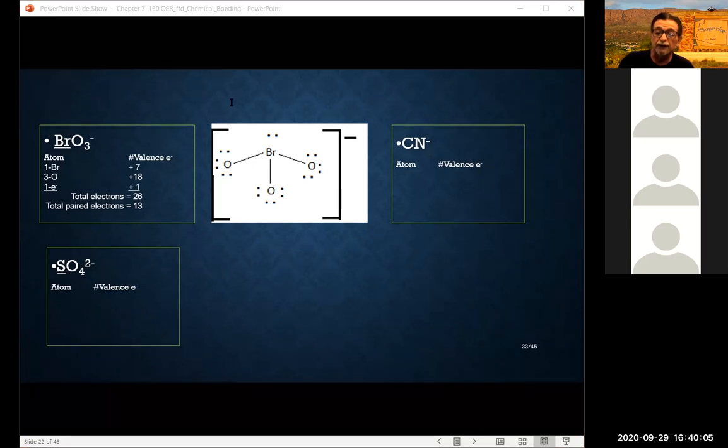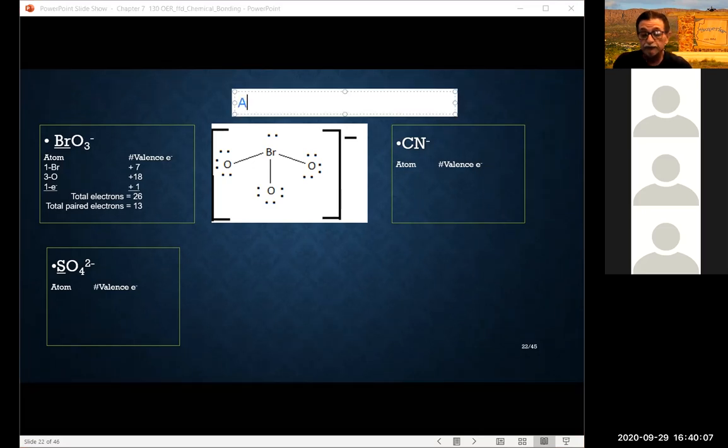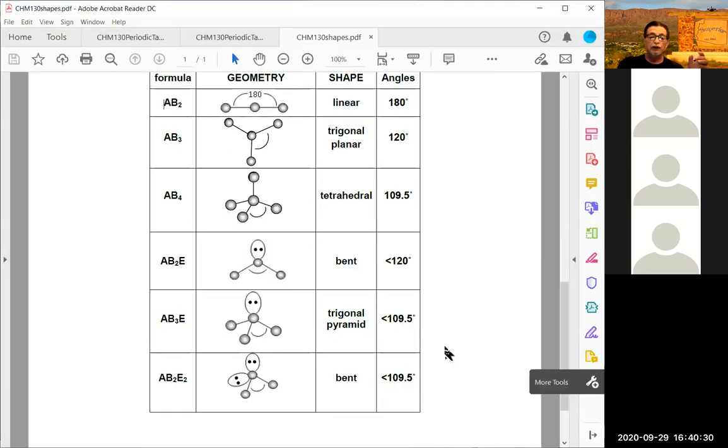This is no different than before. It's A, which represents bromine. And then we got B here that represents the 3 oxygens, because we got 3 of them. And then we ended up with the lone pair in the central atom, so that becomes E. So its general formula would be AB3E, which then we can go and look at the shapes table and look for AB3E, which is the second entry of the table.